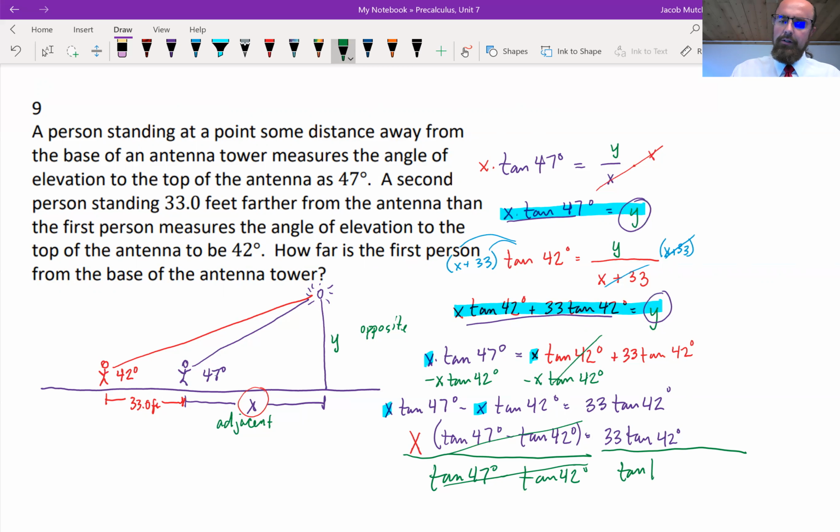I'm dividing there also by tangent of 47 degrees minus tangent of 42 degrees. And that I want to take to the calculator, get an answer, and finalize here.